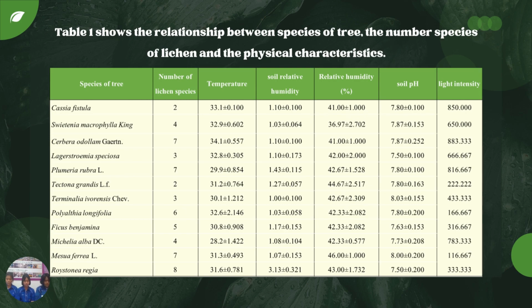The pH in the soil was between 7.5 and 8.03. The light intensity was between 116.667 and 783.333 lux, and the relative humidity in the air was between 36.97 and 46 percent, and the total number of lichen species was 22.